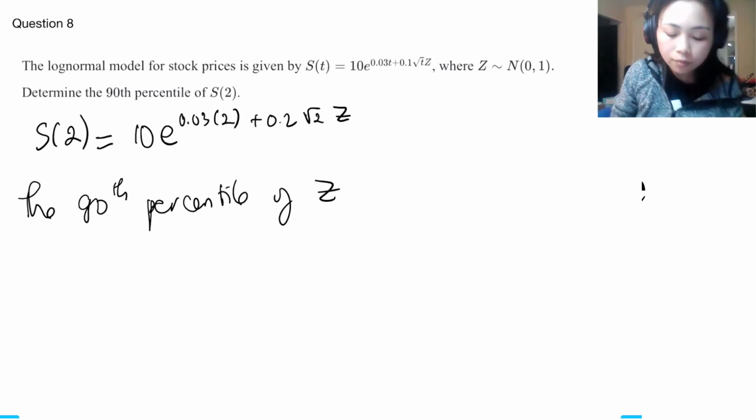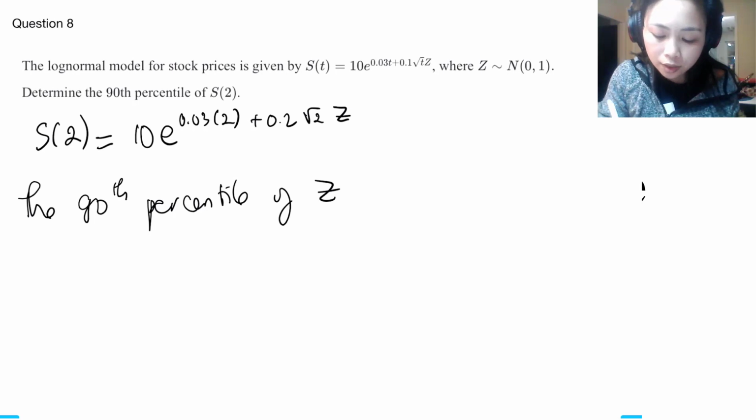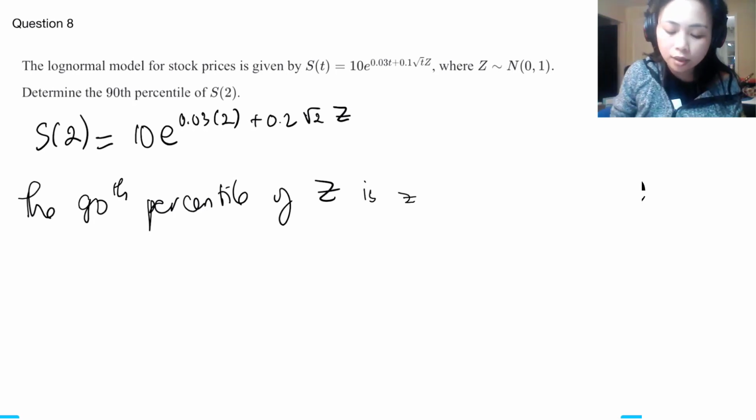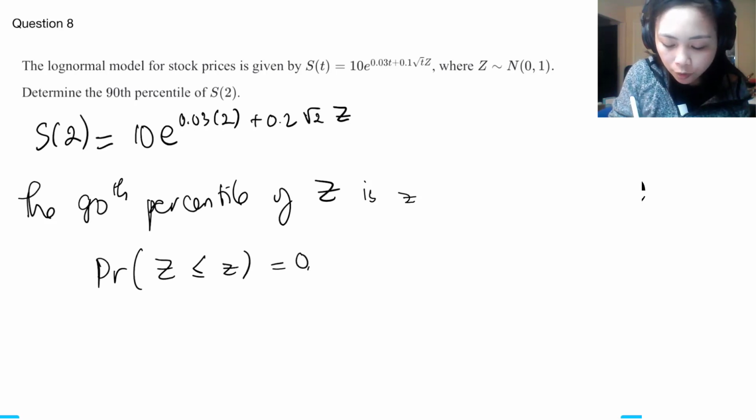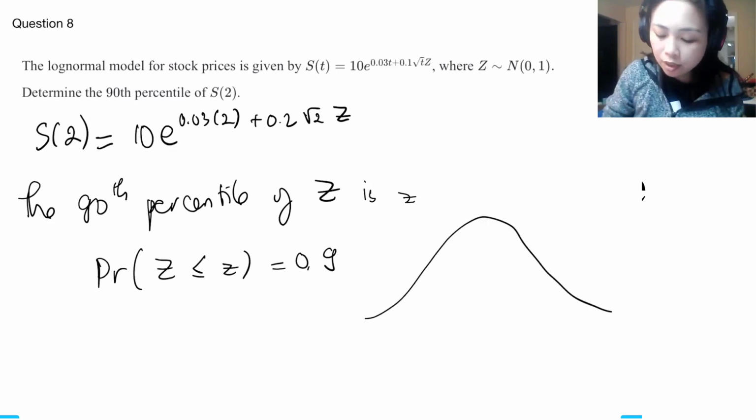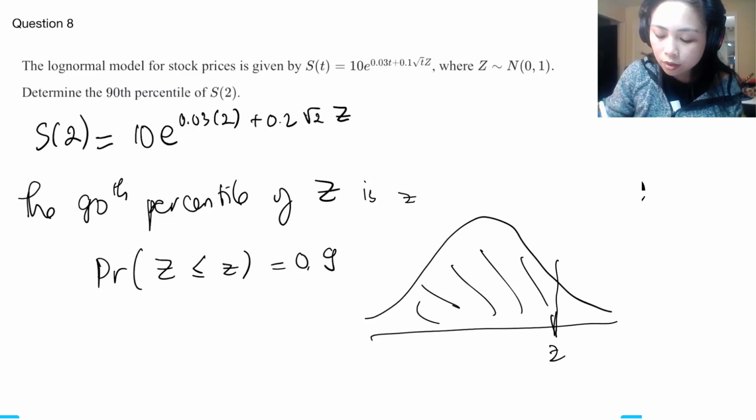So let me open the z table. The z table right here. So we know that the area to the left of the 90th percentile is 0.9, right? So we basically have to find the area that is very close to 0.9, right? So of course it should be on the positive table, it cannot be on the negative, right?